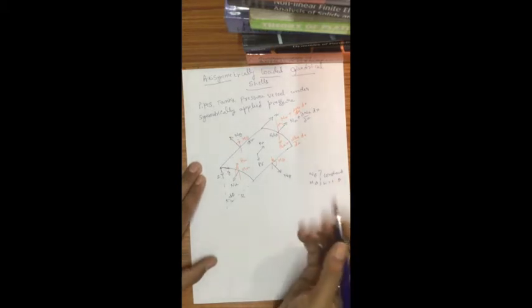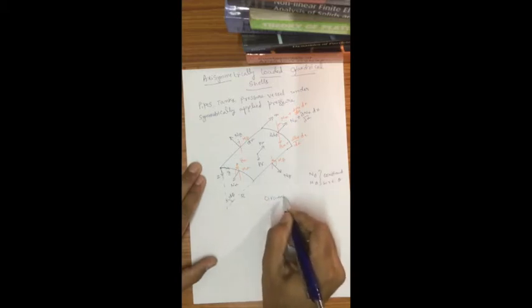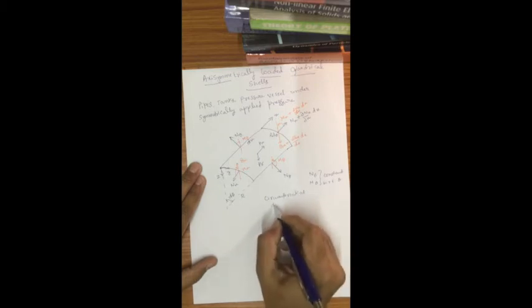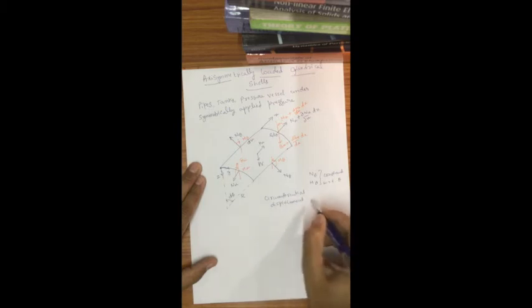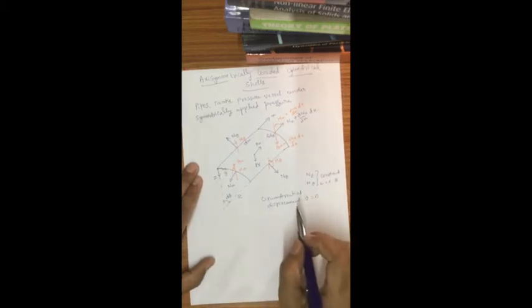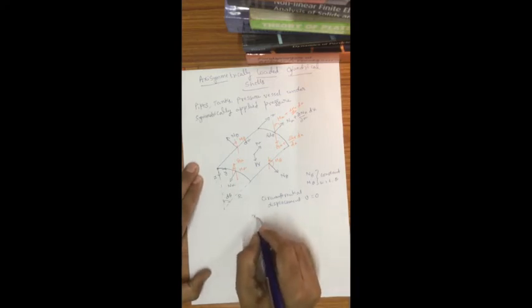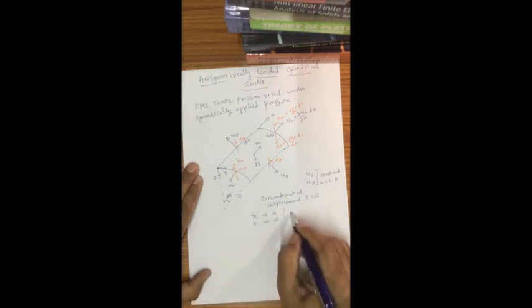And because of the symmetry we can say that the circumferential displacement, that is v along the theta direction, is equal to 0. This is due to symmetry. And we only have along the x direction u, and along the z direction w. So these are the displacements.